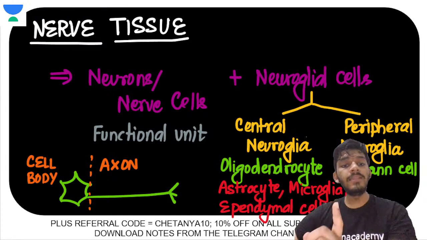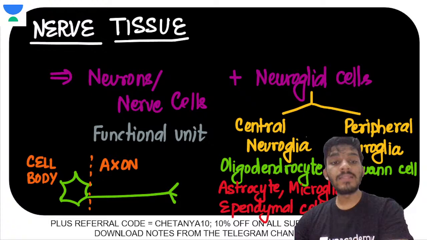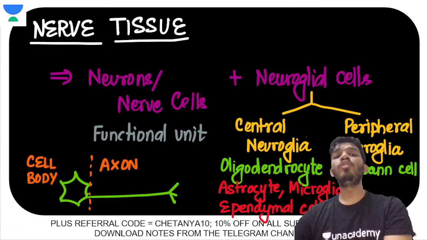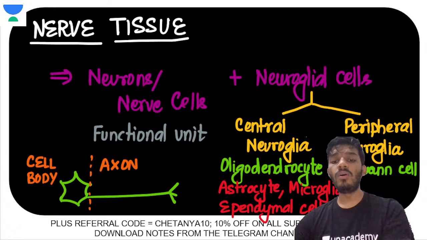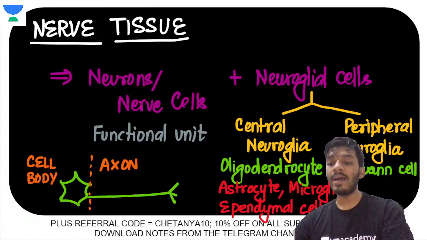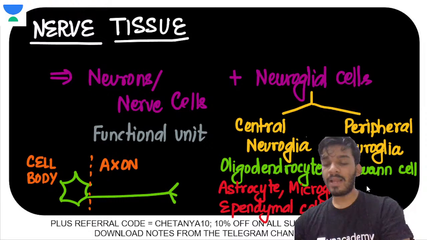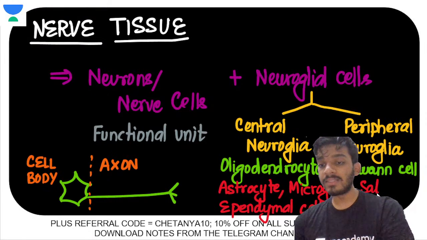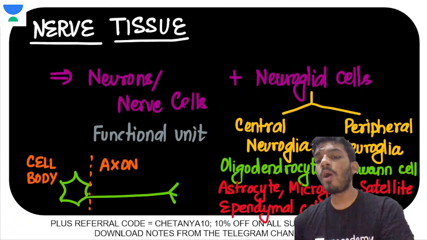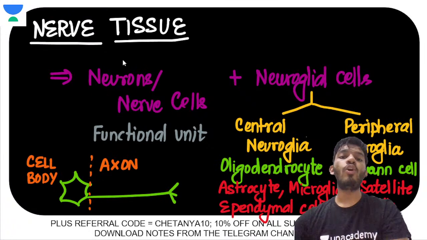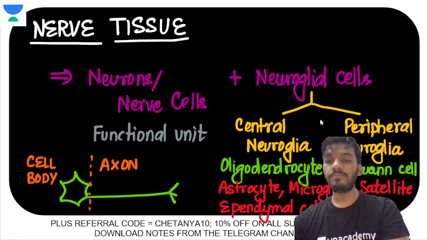In the peripheral neuroglia, you have Schwann cells, satellite cells, and you might have astrocytes and microglia. Satellite cells are exclusive to the peripheral neuroglia, and I will talk about them again when I cover certain structures.